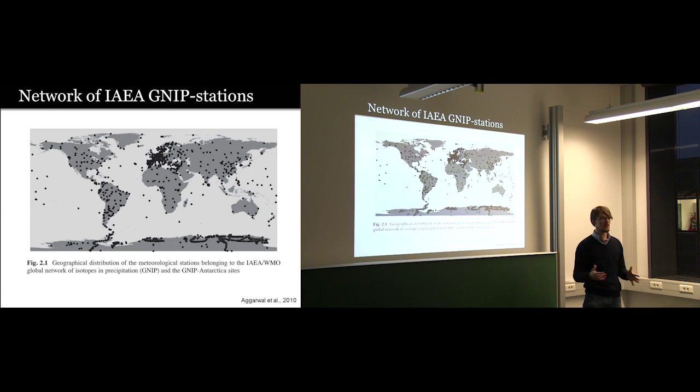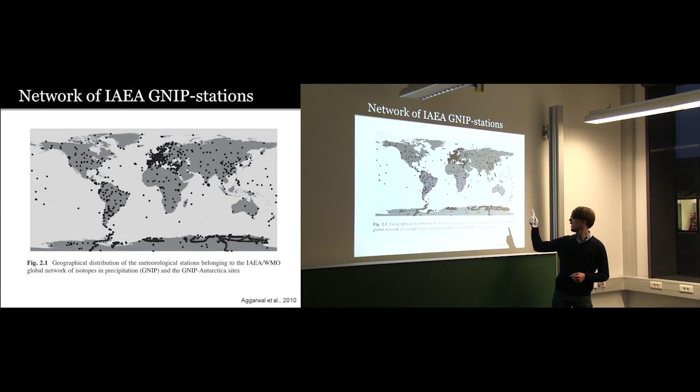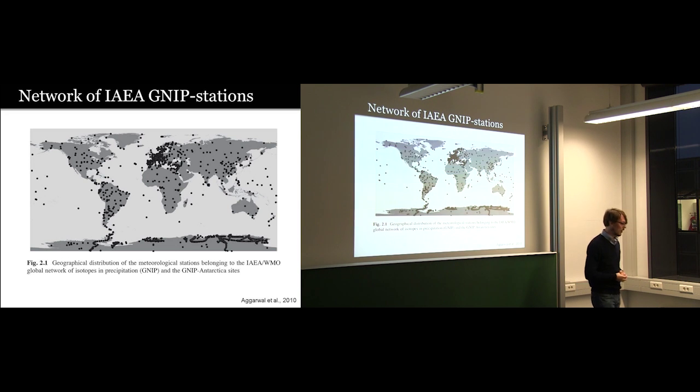So it's open source. You can download each station, and each station consists of monthly to daily data of delta 18O and delta D isotopic compositions. You can download it through the website of the IAEA, the International Atomic Energy Agency.